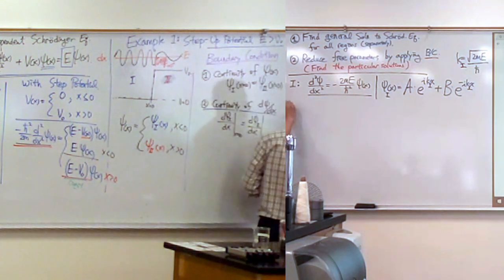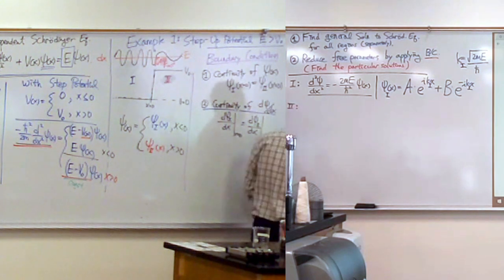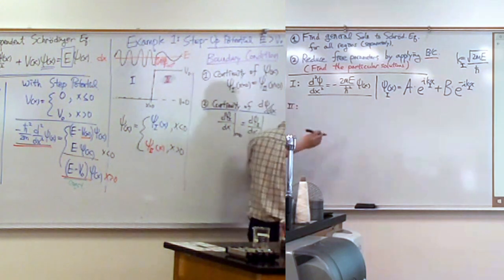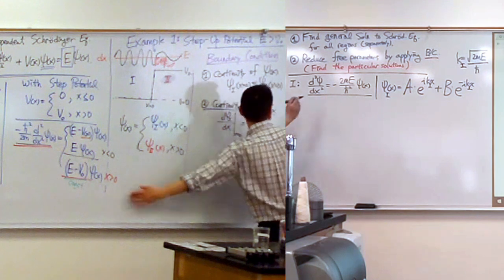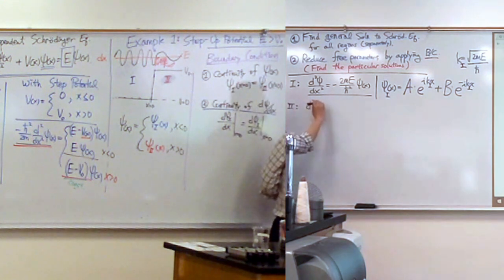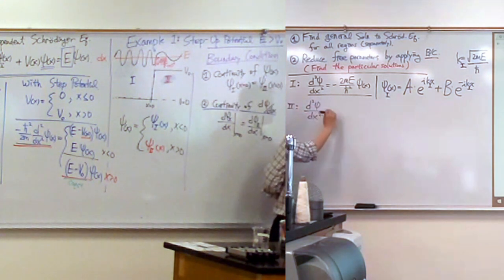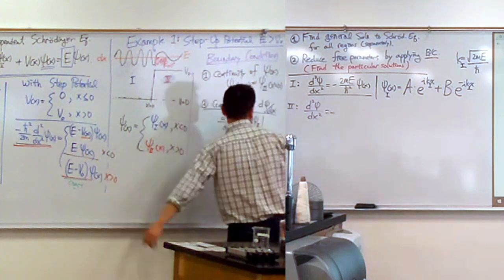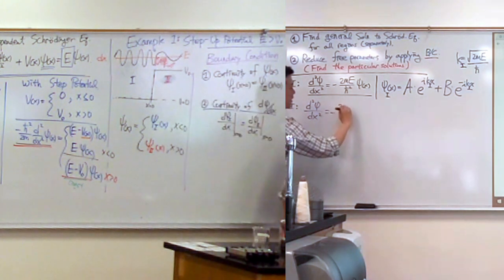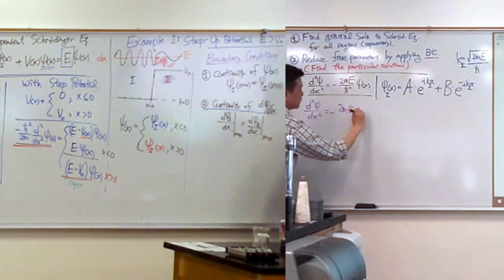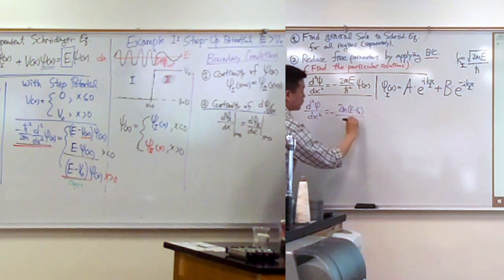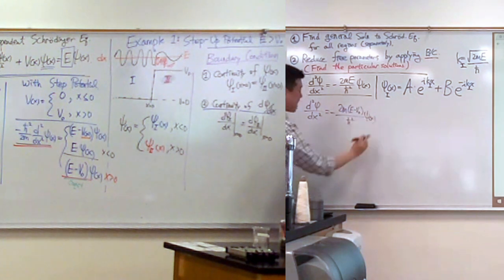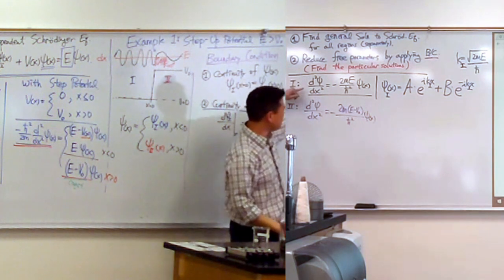For region 2, as I said, this is the simplest case, because it's kind of boring. So I get this. The second position derivative of the wave function is equal to minus, and let me write out all the coefficients here, minus 2m times E minus V naught over h bar squared psi of x. Has anything here really changed from here?